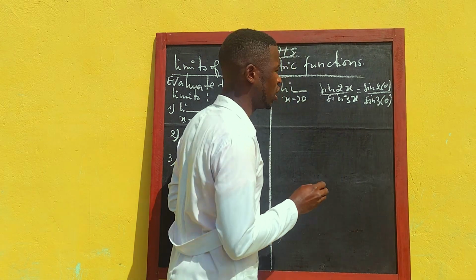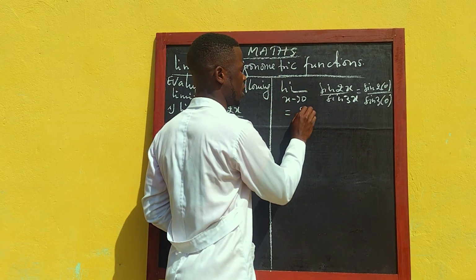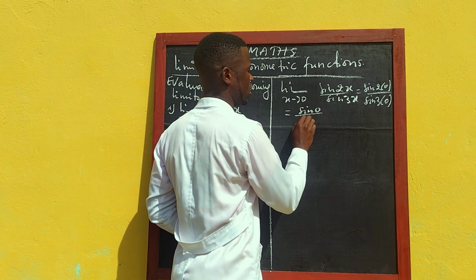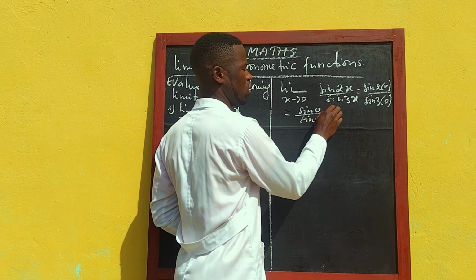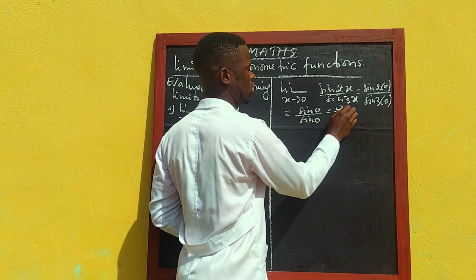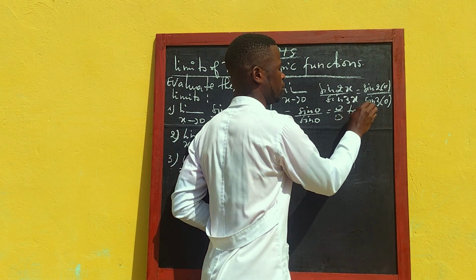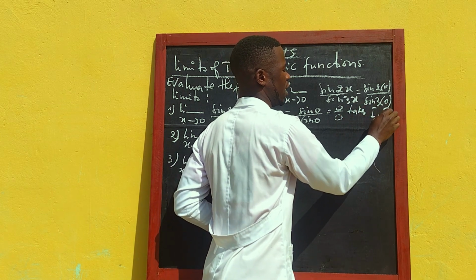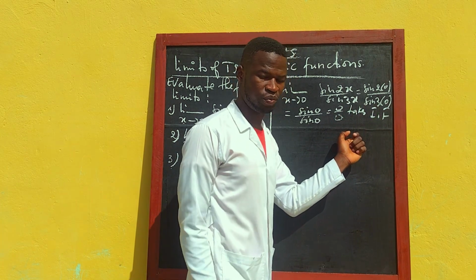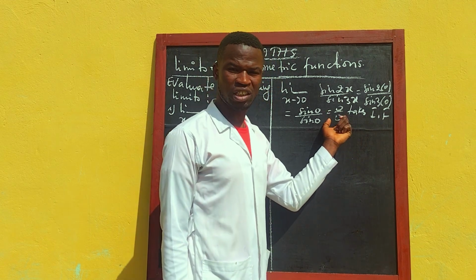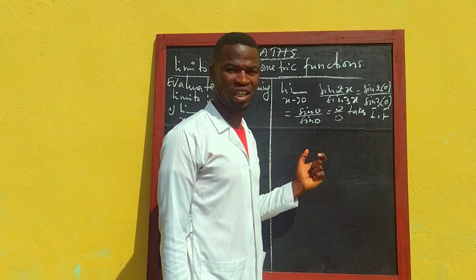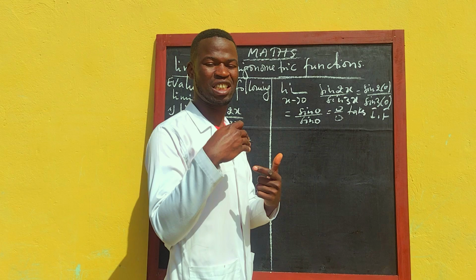This implies sine 0 over sine 0. Sine 0 is 0, so this is 0 over 0, which is an indeterminate form. It is impossible to evaluate directly.